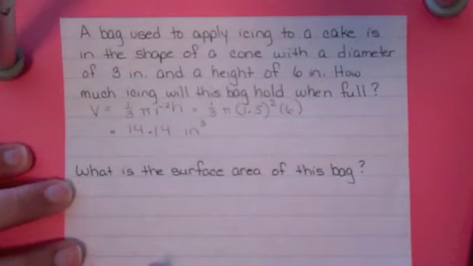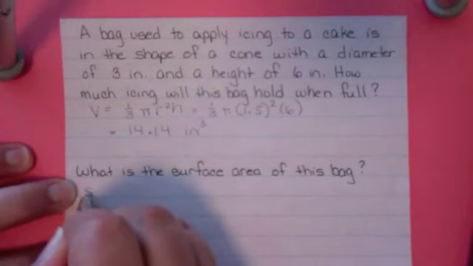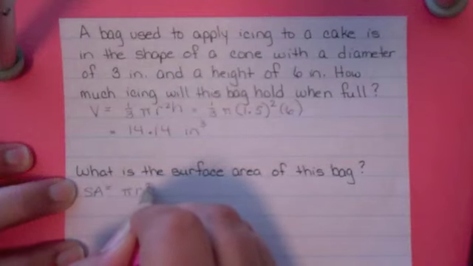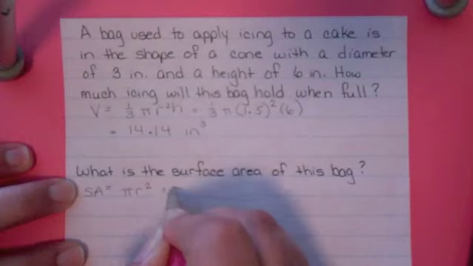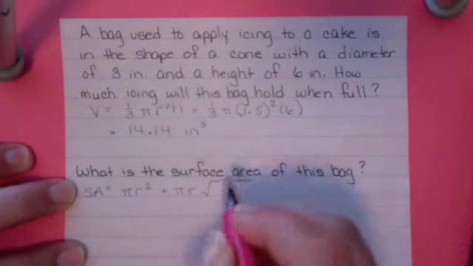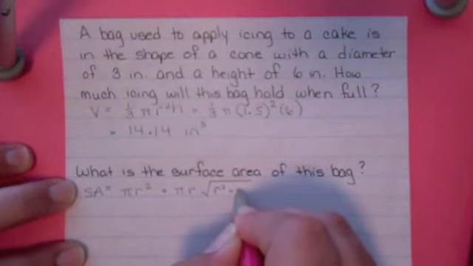The next question says, what's the surface area of this bag? So in other words, how much material was used to make this icing bag? Well, I need the formula for the surface area. And it's this long formula, pi r squared plus pi r times the square root of r squared plus h squared.